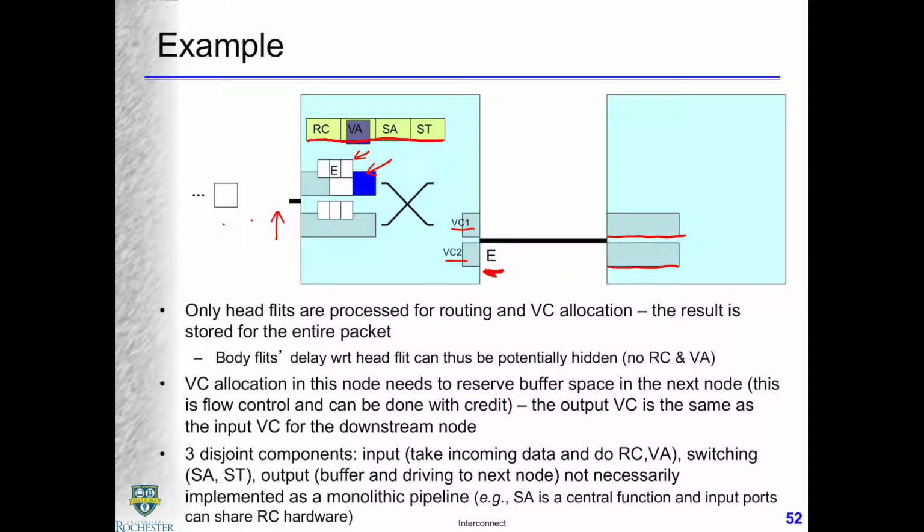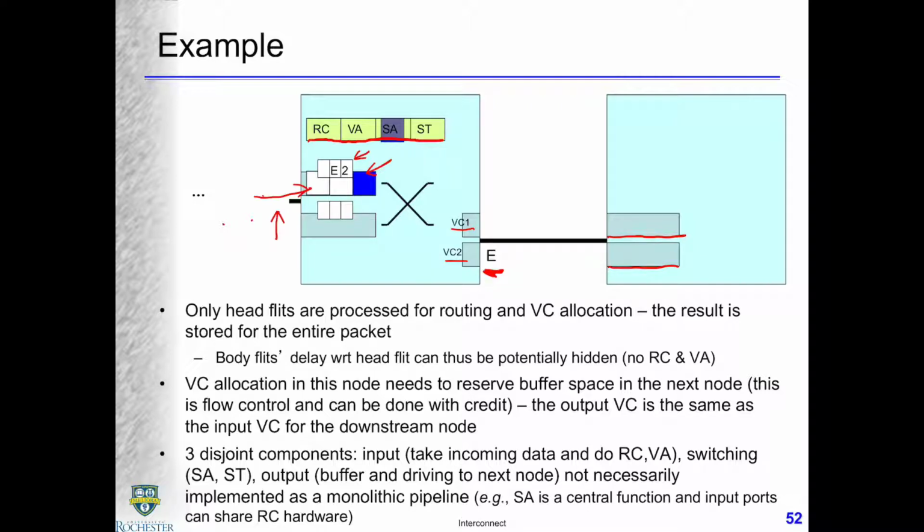So at the end of this cycle, we have that piece of information figured out, and the next cycle we decide to do switch allocation. Now, meanwhile, the rest of the packet flits are still coming in. Every cycle or every fixed amount of time, a flit arrives.